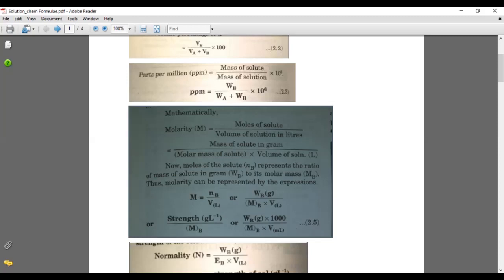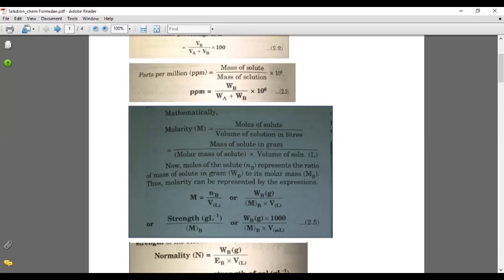Now this molarity is temperature dependent. Why is it temperature dependent? Because we are considering volume of the solution. If temperature is changing, then volume of the solution is also changing. So it's a very important point for a 1 mark question: how molarity depends on temperature.